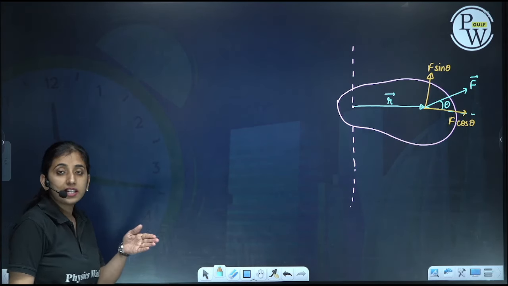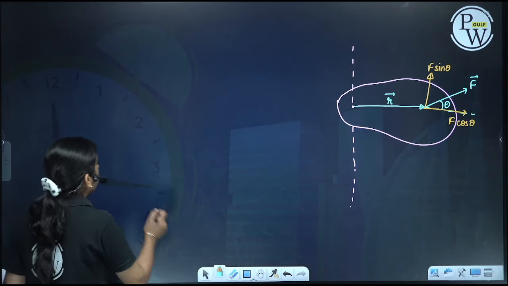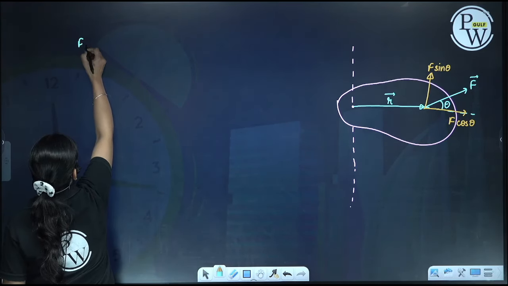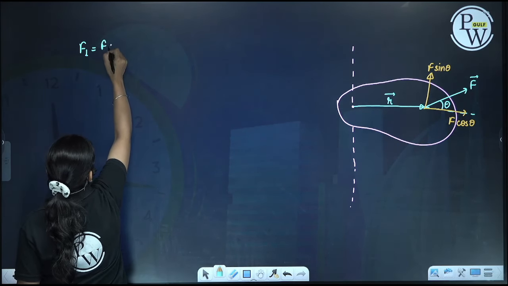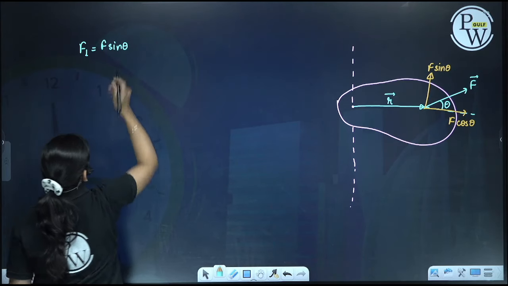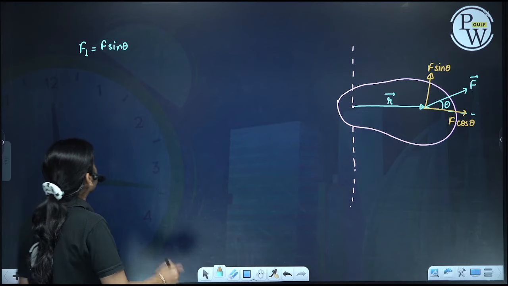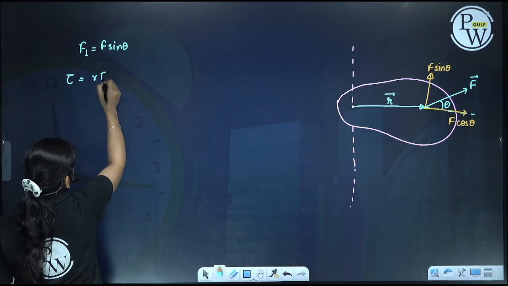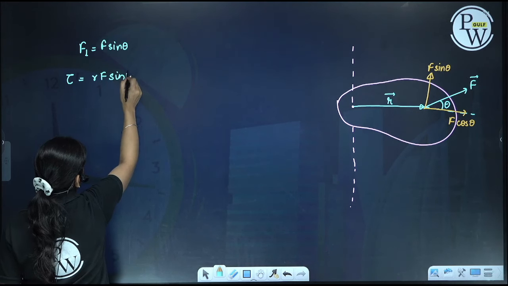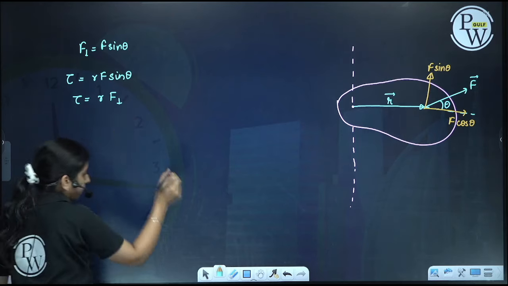Now F cos theta is parallel to R. Torque due to F cos theta will be 0. F sin theta, can we call it F perpendicular? Because it is perpendicular to R vector. The component of force which is perpendicular to R, we call it F perpendicular. Now see, torque will be R into F into sin theta. So simply torque is R into F perpendicular.